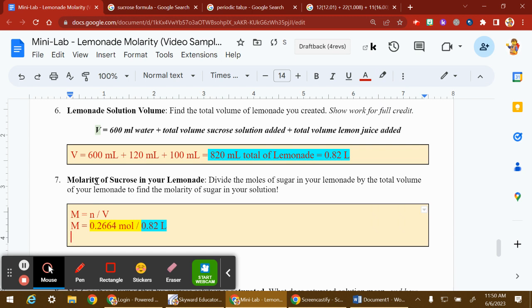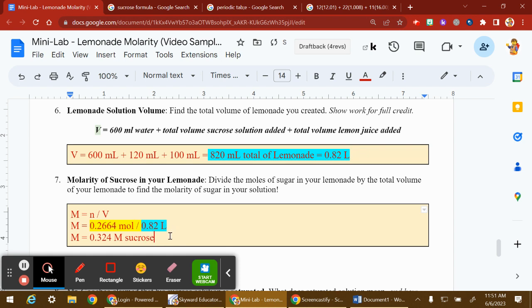So here we go. The molarity of my lemonade is equal to 0.2664 moles of sugar divided by 0.82 liters of lemonade. So my ideal lemonade has a molarity of 0.324 molar sugar.